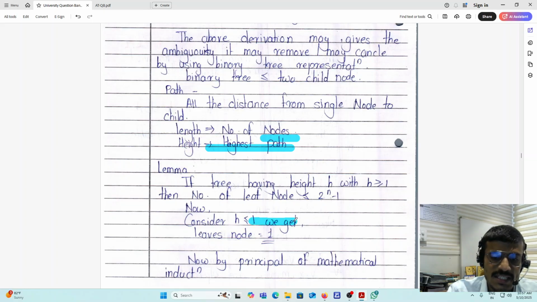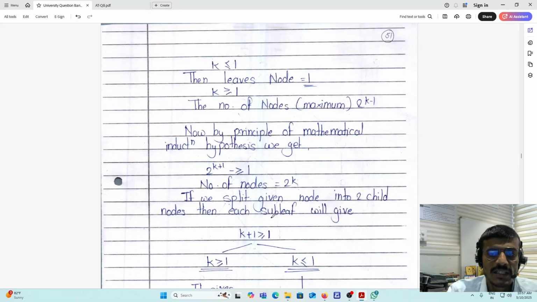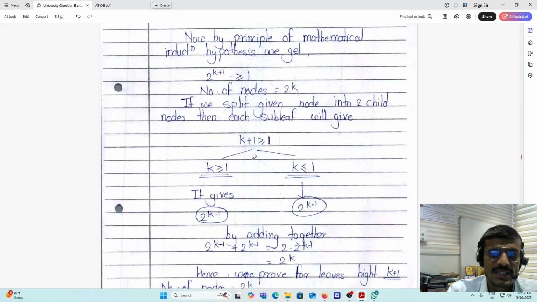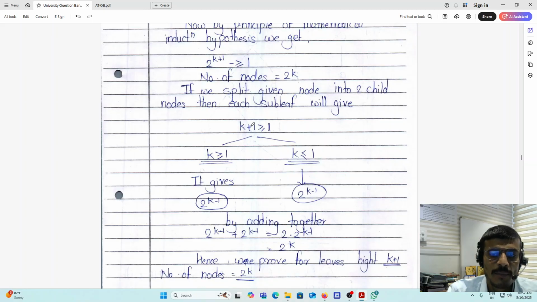Now consider h equal to 1, we get leaf nodes equal to 1. By the principle of mathematical induction, whenever k is equal to 1, the leaf node count is 1. Whenever k is greater than or equal to 1, the maximum is 2 raised to k minus 1. Proceeding this way, you can see this diagram, which is helpful for the pumping lemma.